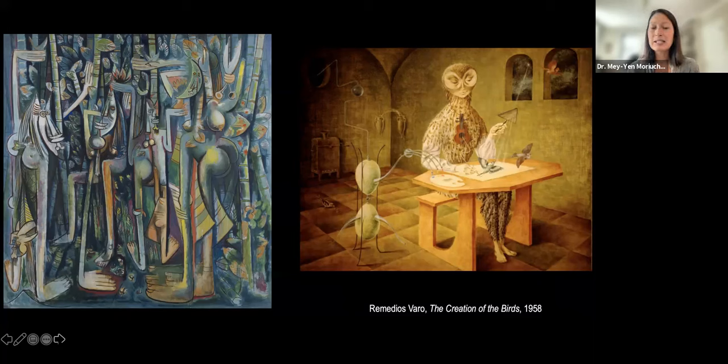But again, teasing out some potential similarities, on the part of both we have these hybrid figures, but in Varo's case, she's creating these birds out of alchemy, and she's setting them free, and perhaps there's a sense of that setting, or wanting to set the figures free, on the part of Lam.